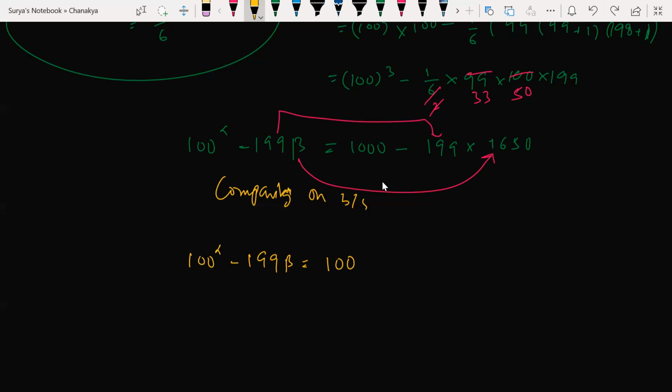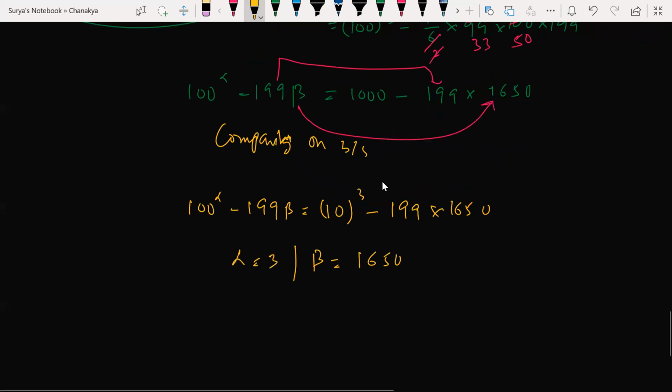So alpha value is what? Directly 10 to the power of 3, right? 10 cube minus 199 into 1650. So alpha value is 3, beta value is 1650. Correct? Okay.